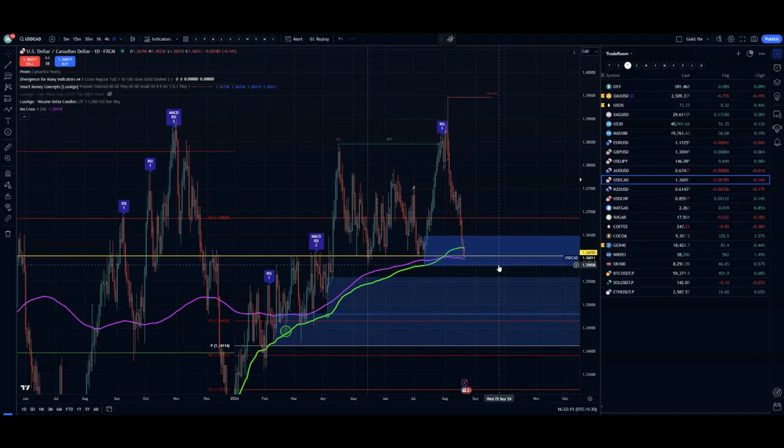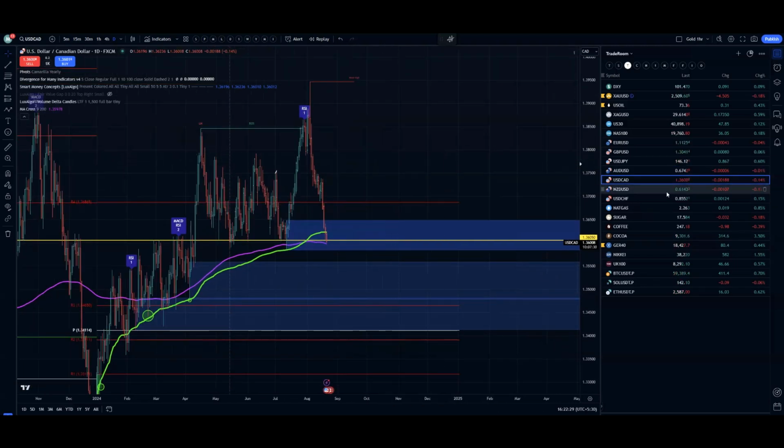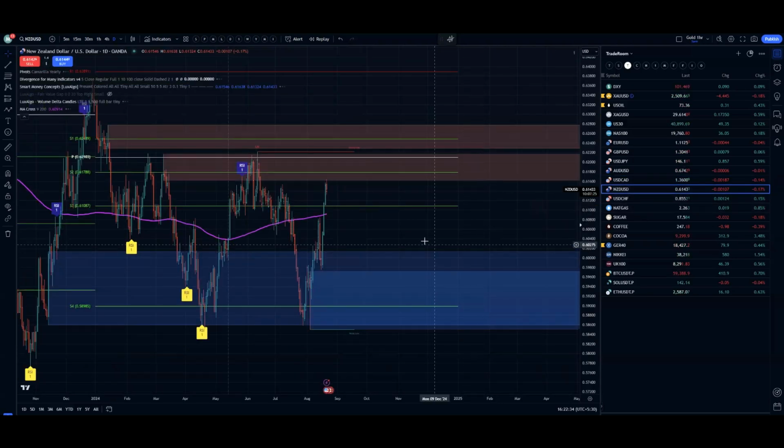The SMC block is also there. There can be wicks below, but as long as we don't get a close or clear break below that 1.3580, the idea remains alive. But yeah, keeping watch, and we'll let you know as I mentioned.